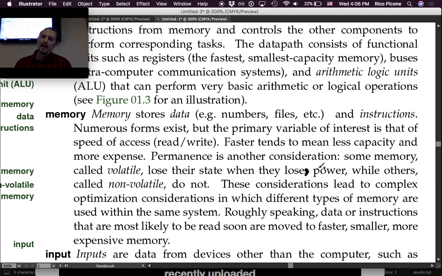Typo in there. While others, called non-volatile, do not. So some memory, when you lose power, loses its state. That's really bad if you want it to stick around. So volatile memory is not permanent, and it's only holding it temporarily.